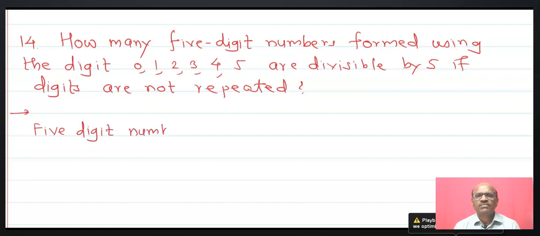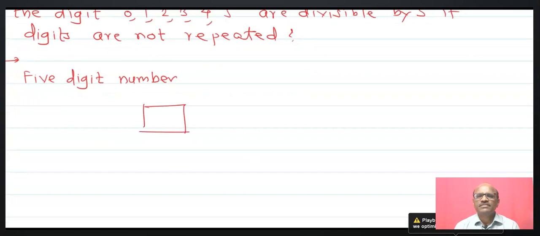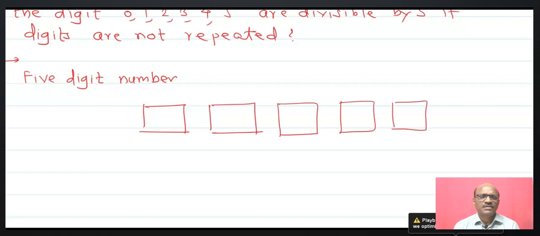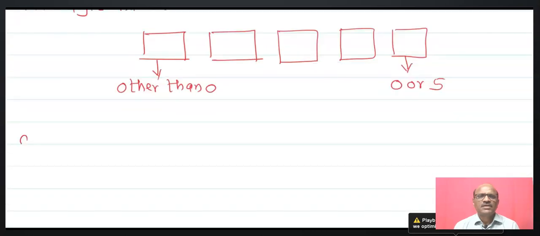Now we want to form the 5-digit number which is divisible by 5, and for the numbers which are divisible by 5, the unit place must be 0 or 5. And the 10,000 place must be other than 0.